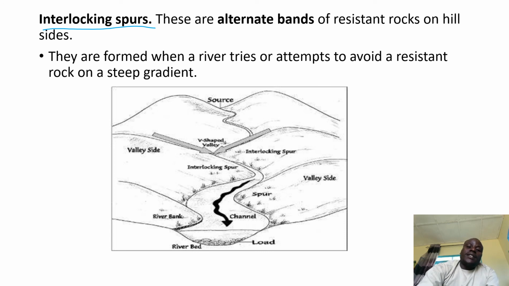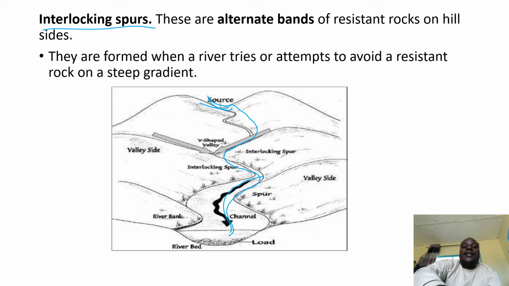This diagram represents a hill area where the river was flowing from the top to the valley. As it flows from the source, you see the source of the river here at the top of the hill, and the river is flowing, making meanders. It is making meanders or curves because it is dodging a resistant rock following a soft rock where it can erode easily.